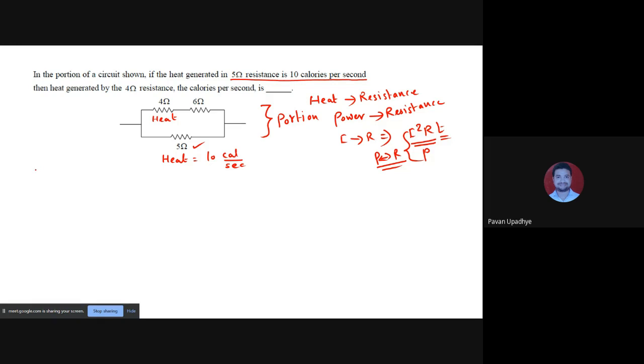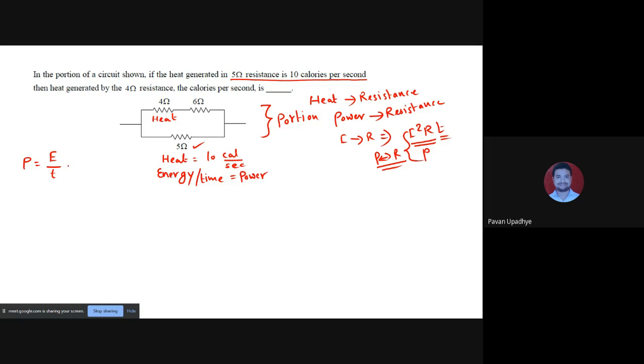So heat, as you know, is energy, and energy by time is power. So the relation that we already know is power is equal to energy by time.